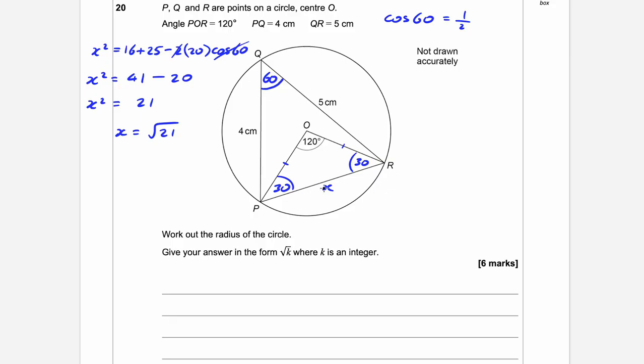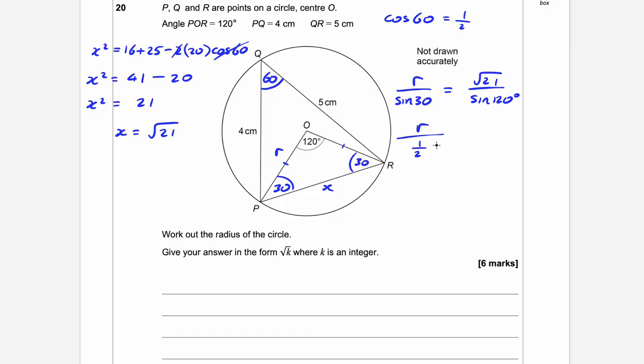Okay, so now I've got x. I just need to find the radius, let's call it r, and I can now use the sine rule. I can say r over sine 30 equals x, which is root 21, over sine 120. Sine 30, I know, is a half.